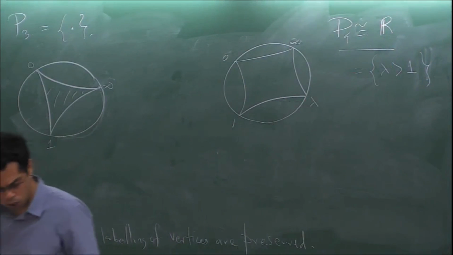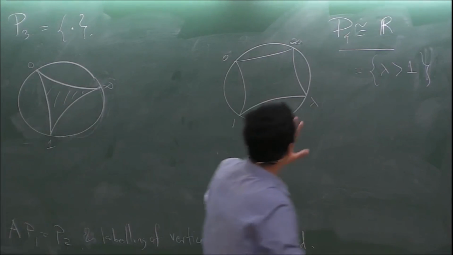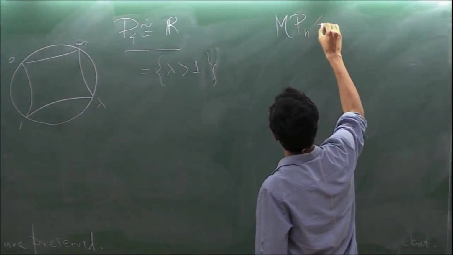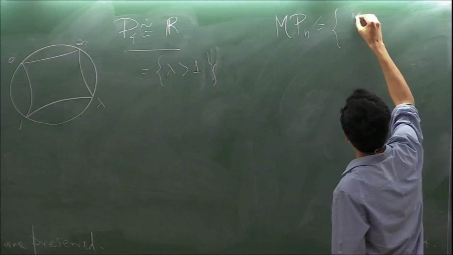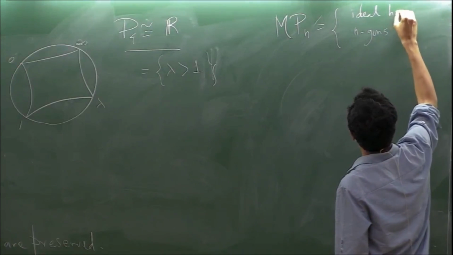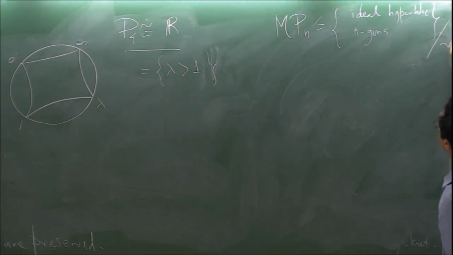Now the moduli space is going to be things with unlabeled vertices. Just remember this: the moduli space, I'll call it MPN, is all the ideal hyperbolic n-gons up to the same equivalence.